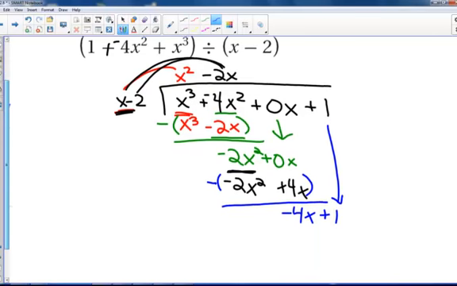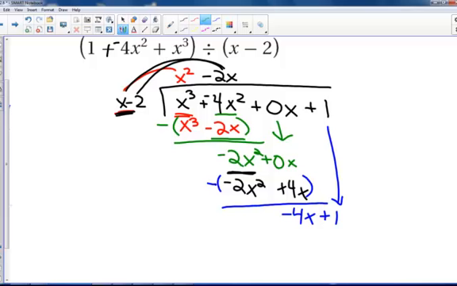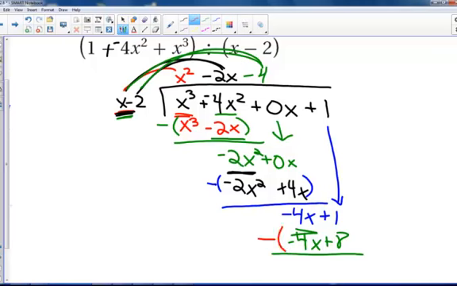X times what gives negative 4x? That's a negative 4. Negative 4 times x is negative 4x. Negative 4 times negative 2 is positive 8. Subtract the whole thing, and you get negative 7. So I'll put plus negative 7 over x minus 2.